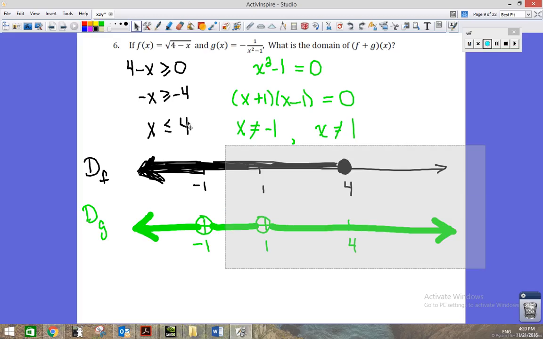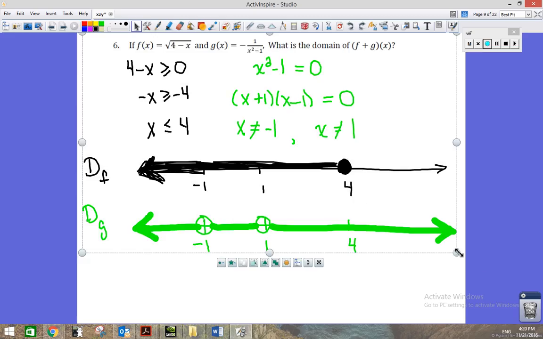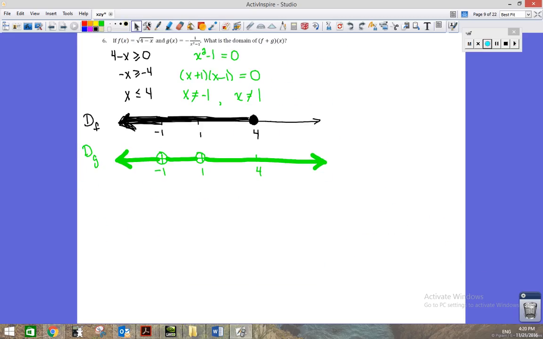So the domain of f plus g, the answer that we want, is the intersection of these two sets. You have to be in both domains to be in the domain of f plus g. So we write down these points of interest.